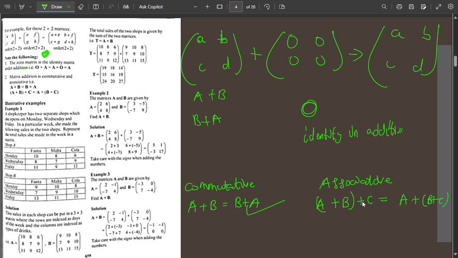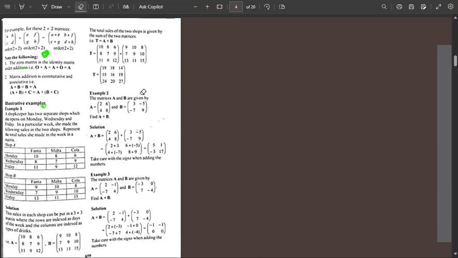If the sum of A plus B is added to C, we will get the same answer as adding A to the sum of B plus C. That is the associative property. Now let's move on straight to some examples.